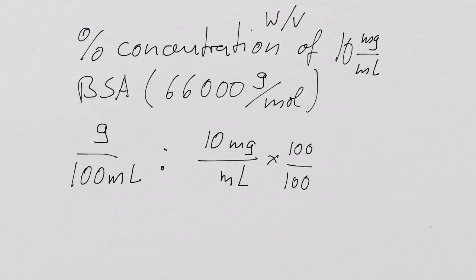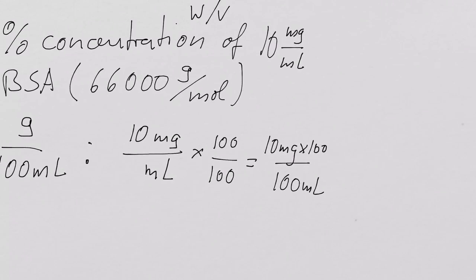It's just simply extending a fraction. So at the bottom we have 100 milliliter. That's exactly what we want. And at the top we have 10 milligram times 100. So 10 times 100 equals 1,000.